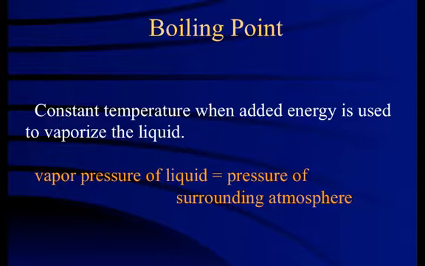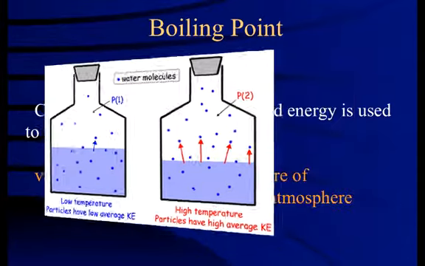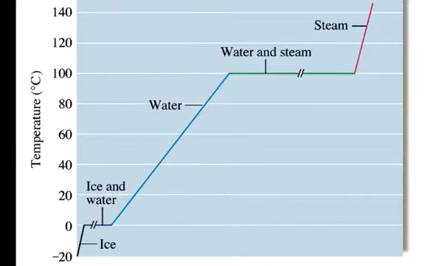And since you can't really just change the molecule or add more molecule because it's still the same molecule, the only way to jack up the vapor pressure is to increase the temperature. So the net effect of that is the higher the surrounding pressure, the higher the boiling point is going to have to be.